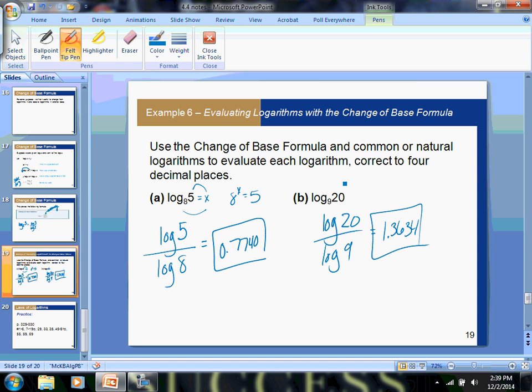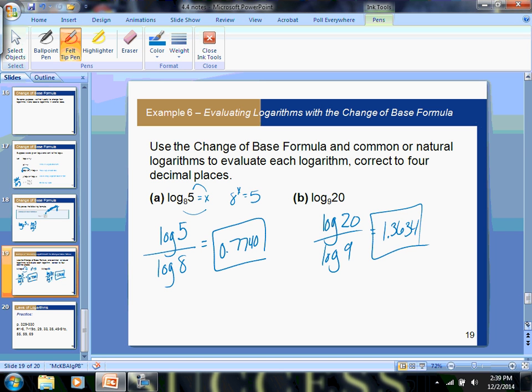Because I don't know 9 to some power. I mean, 9 to the first is 9, and 9 to the second is 81. I've got to get something that gets me 20. So I know it's got to be between 1 and 2, but to get that exact value, I'd have to do that work on my calculator.